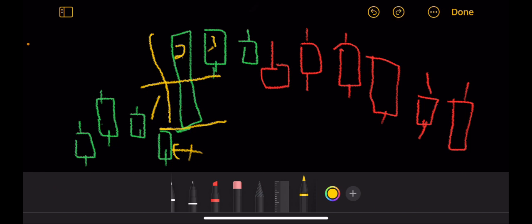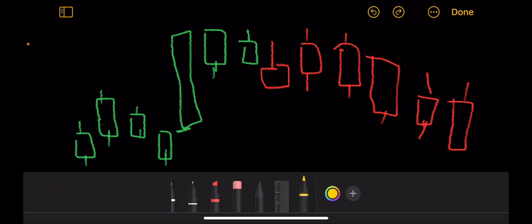Now, when you're trading the gap, so just say this is bullish. The green candle was going up.